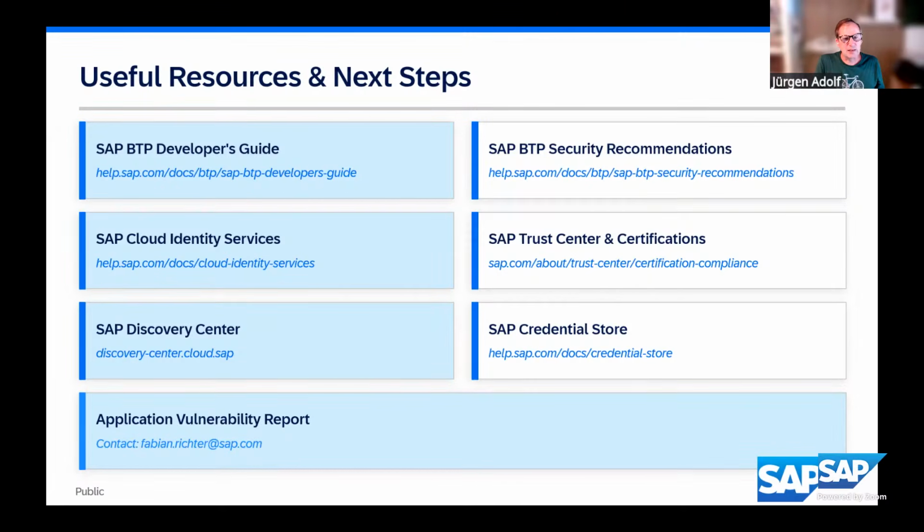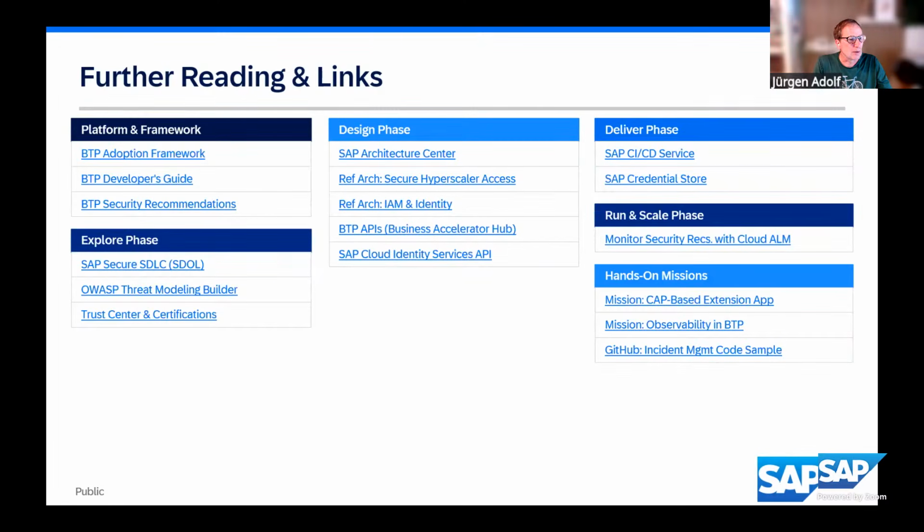And the SAP Discovery Center is where you find hands-on missions, guided end-to-end tutorials for building secure BTP applications. And the credential store documentation is essential when you want to manage secrets in your application. And for the application vulnerability report, you can contact Fabian Richter or myself. And on the next slide, you will find a full set of clickable links to everything we have referenced today, including reference architectures, APIs, and so on.